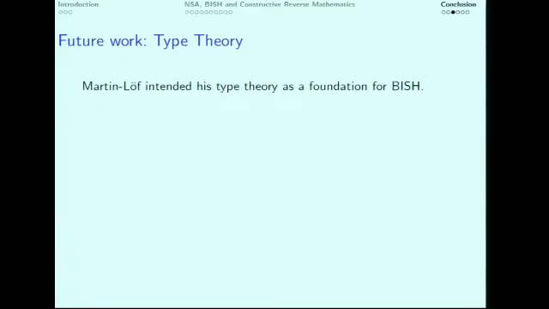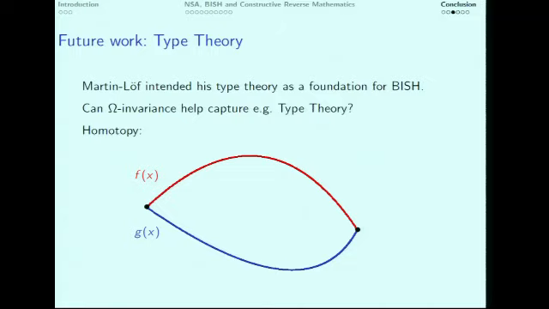A note for future work: Per Martin-Löf intended his type theory as a foundation for constructive analysis. Can we somehow capture type theory using this omega invariance? This is future work, pure speculation. But I think we can, by the way. There's this new interpretation of type theory using homotopy.